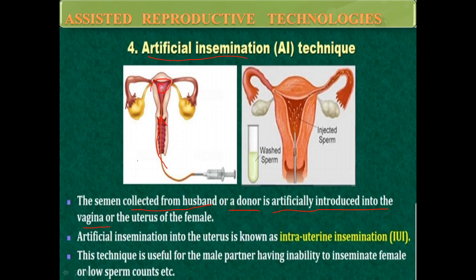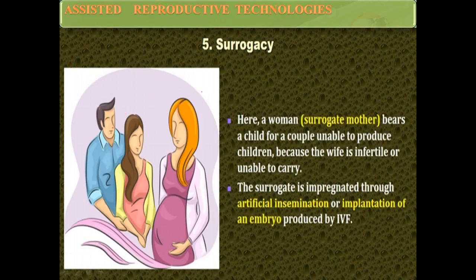The artificial insemination into the uterus is known as intrauterine insemination, or IUI. This technique is useful for a male partner having the inability to inseminate the female or a low sperm count.